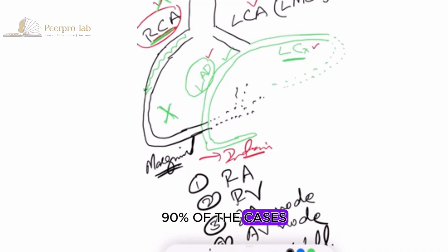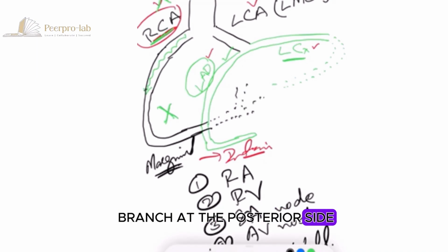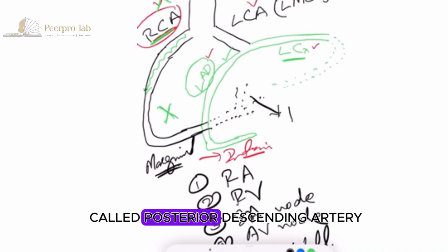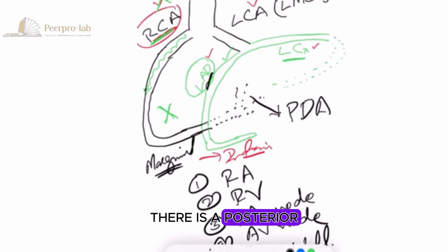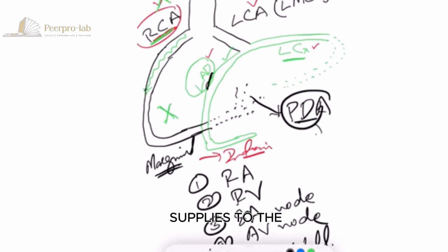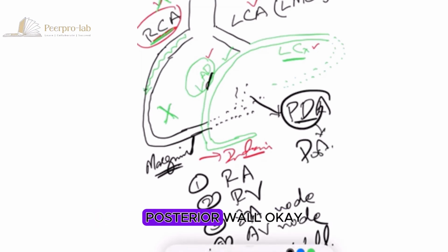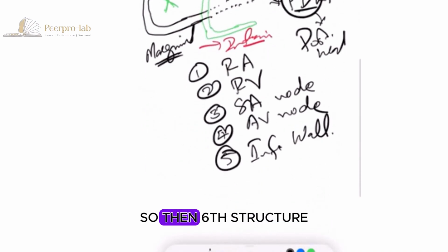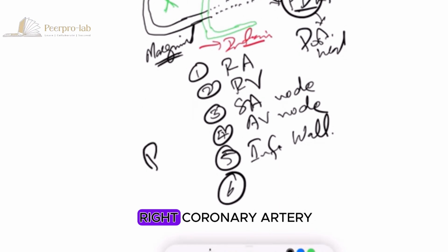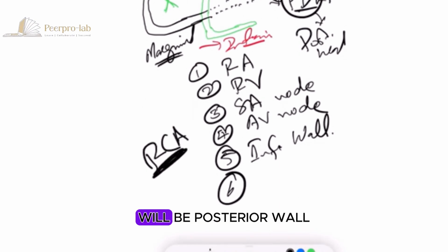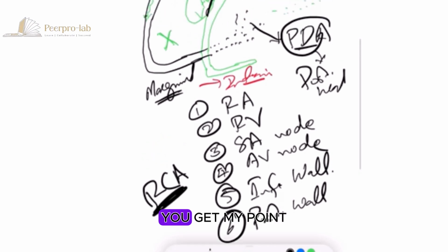In 90% of cases, it gives off a branch at the posterior side, and this branch is called the posterior descending artery. Just like the anterior descending artery, there is a posterior descending artery, and the posterior descending artery supplies the posterior wall. So the sixth structure supplied by the right coronary artery is the posterior wall. You get my point?